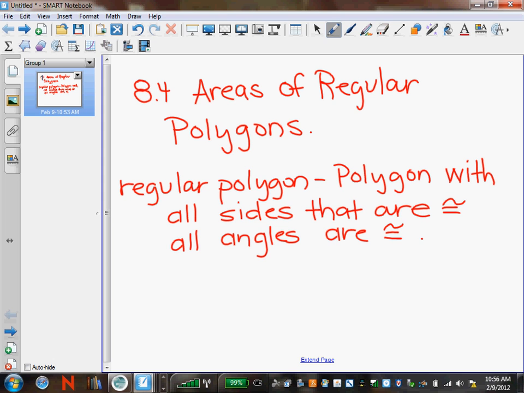The other thing that you're going to have to remember to work these problems are the 30, 60, 90 triangle relationships that we learned in chapter 9. So if you will remember, these will be right triangles. The side across from the 30 we call the short side. The side across from the 60 is the short side times square root of 3.